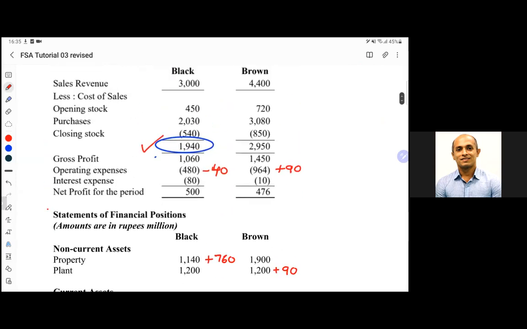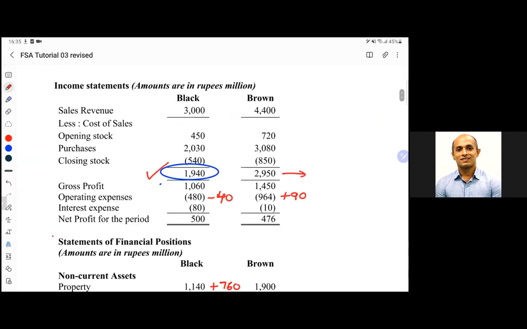The problem is with the cost of sales. We know where the problem is under cost of sales. The problem is with opening stock, because opening stock is at last year's price. Last year's price is lower than the current year's price.